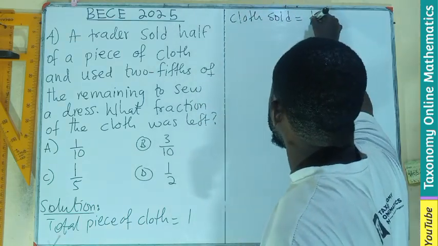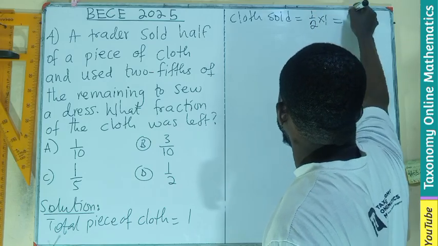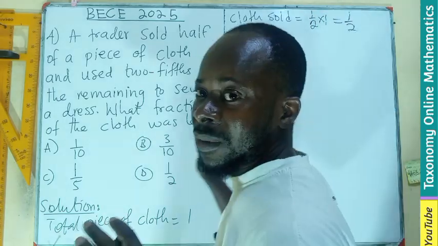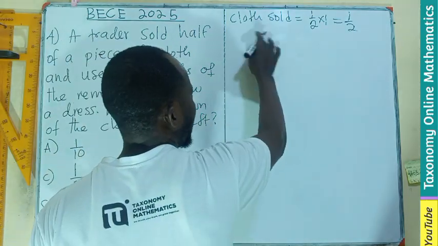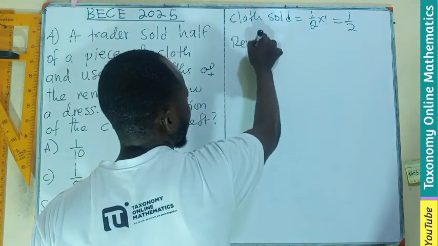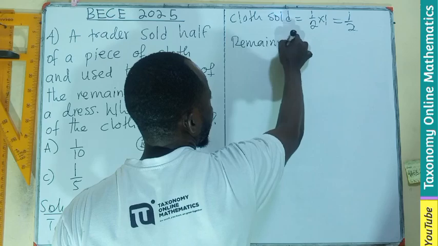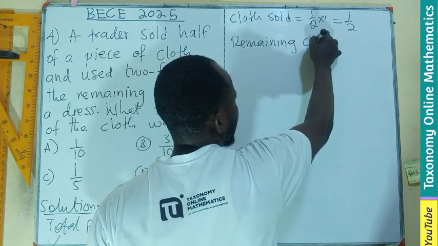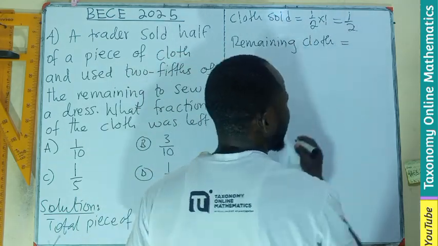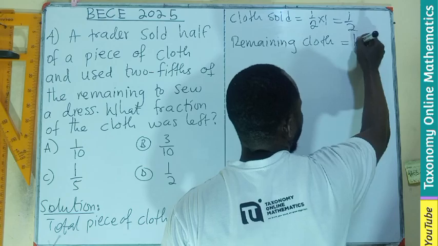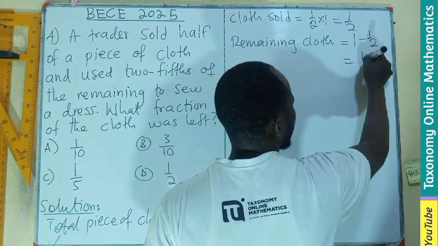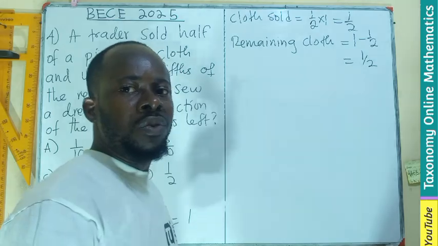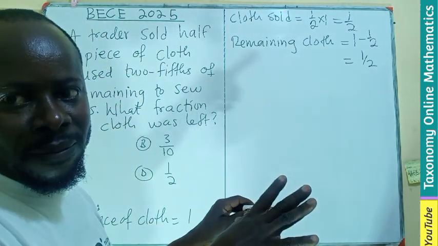He sold half of the original one, which still gives us half. Now, if this is what he sold, then the remaining cloth is going to be the original cloth, 1, minus what he sold, still giving us half. So he sold half, half is left.